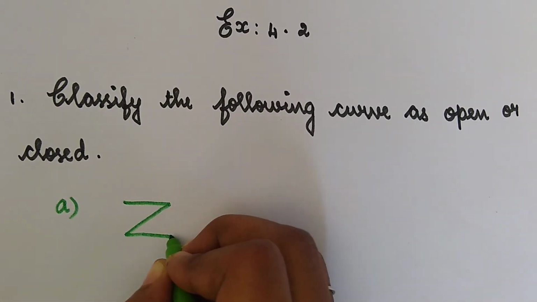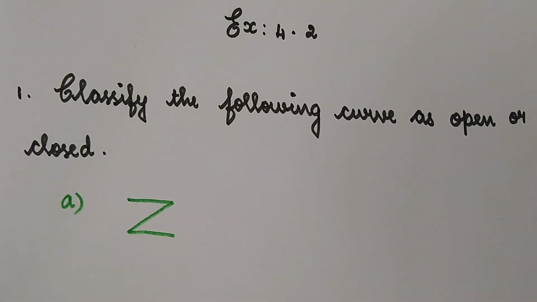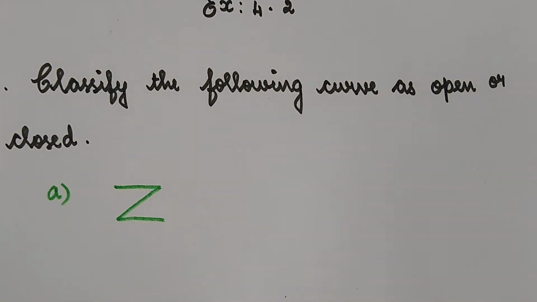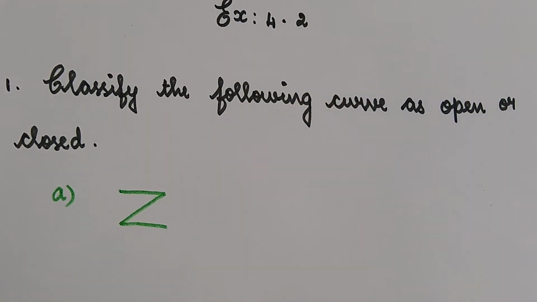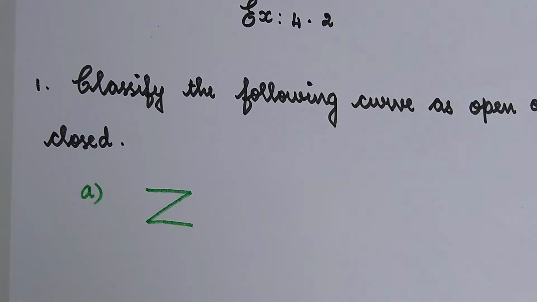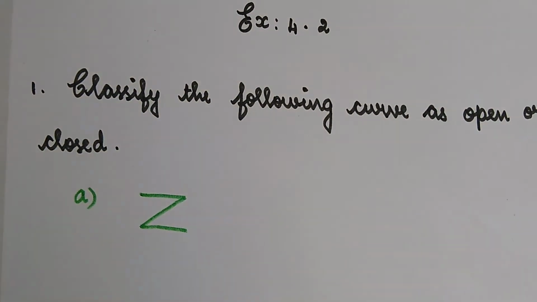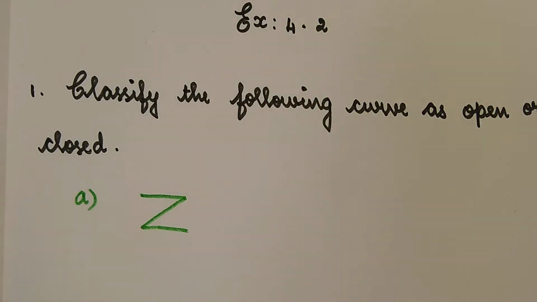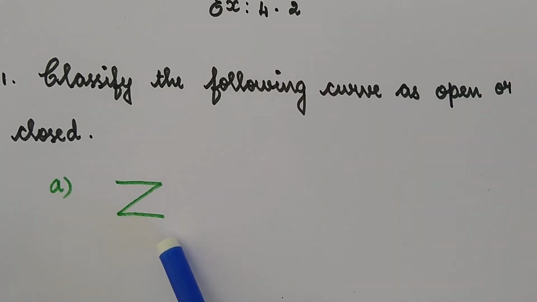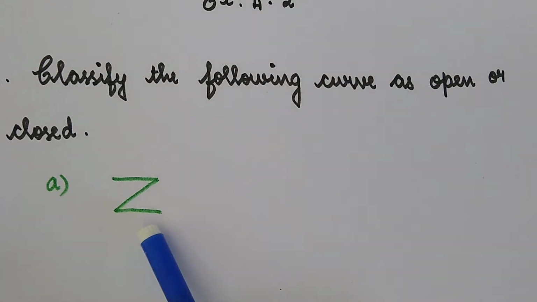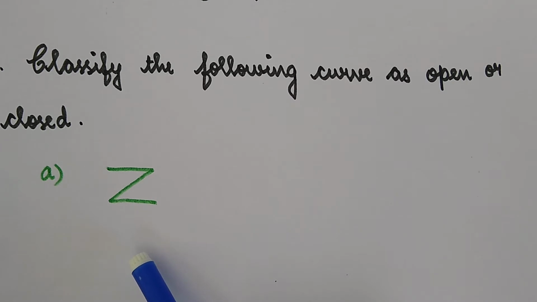The given figure is a Z shape. In this problem we have to find whether the given figures are open or closed. First let me check. You can see the diagram Z. It is not a closed figure.